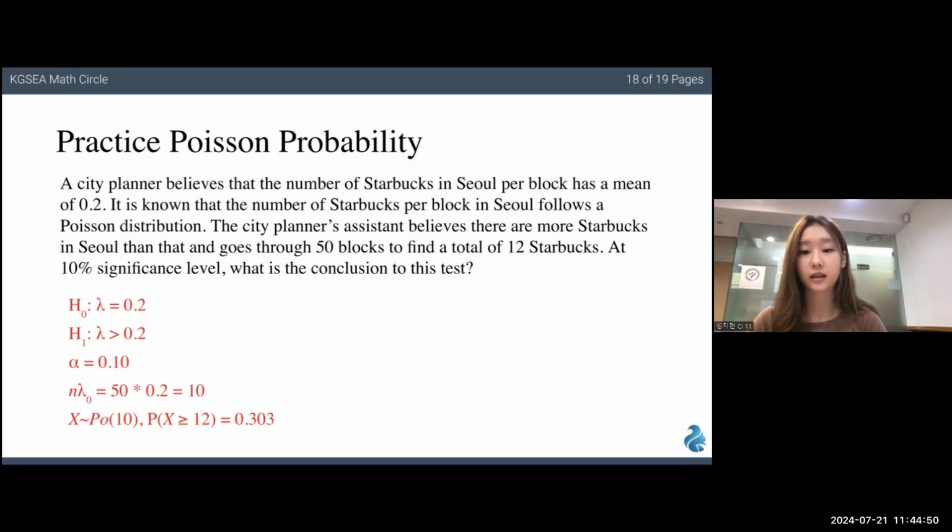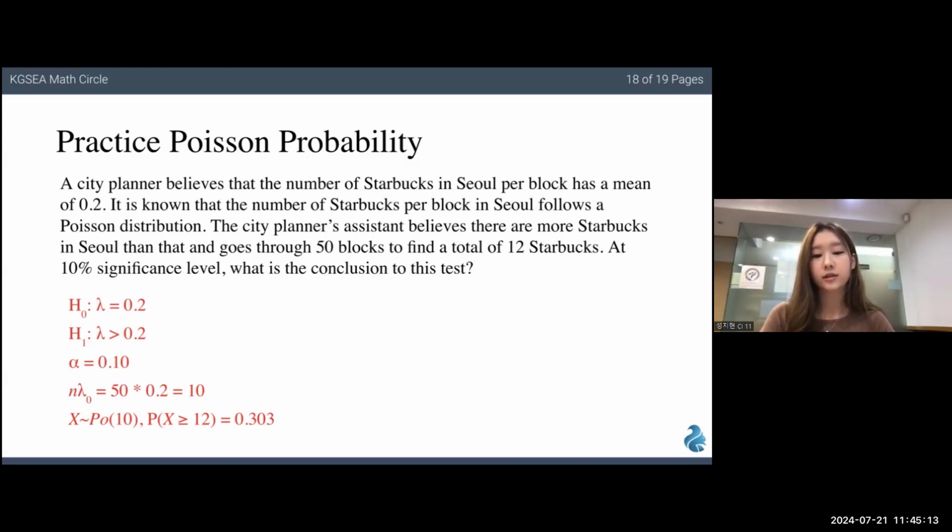However, since the assistant went through 50 blocks instead of 1 block, for which the mean of 0.2 is given, you will have to create the new test statistic, and that will be 10. Now, to find the probability, you use the probability that random variable X is greater than or equal to 12, and the answer is 0.303.